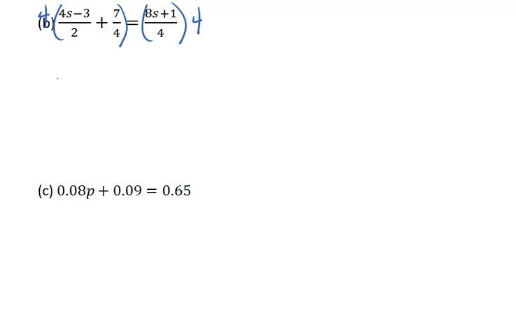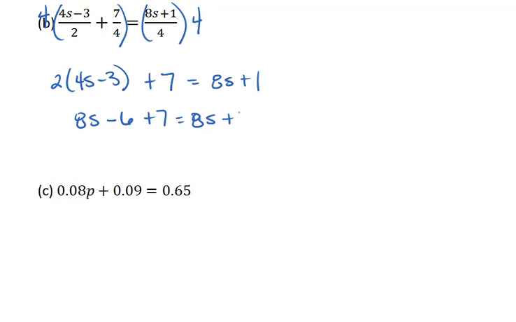We're left with 2 times 4s minus 3 plus 7 equals 8s plus 1. Distribute your 2, you have 8s minus 6 plus 7 equals 8s plus 1. If we subtract 8s from both sides, we are left with negative 6 plus 7 equals 1.